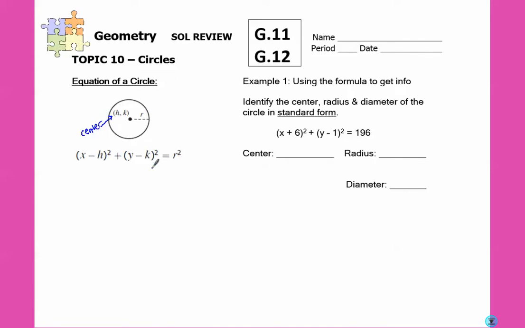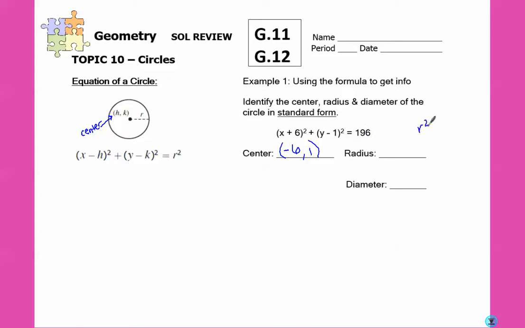The most important thing to remember is that because there are these minus signs in the formula, H and K are always going to be the opposite of what they look like. So if we're given x plus 6 squared plus y minus 1 squared equals 196, the center is going to be the opposite of these two things, so negative 6 and positive 1. The 196 here on the end is r squared.